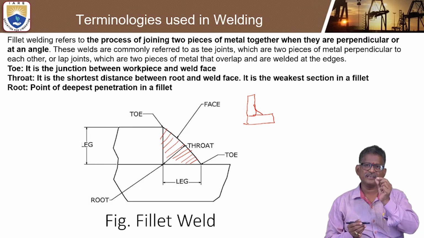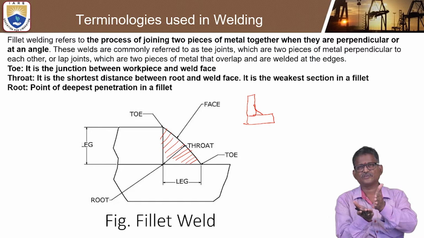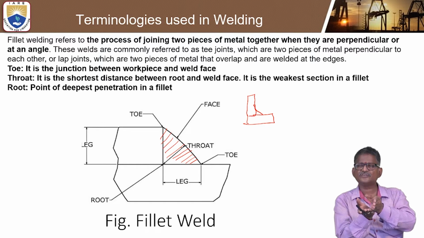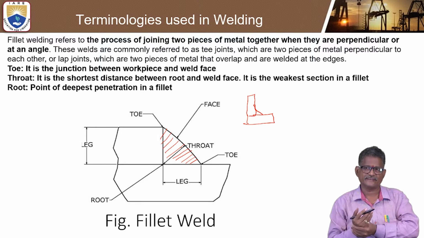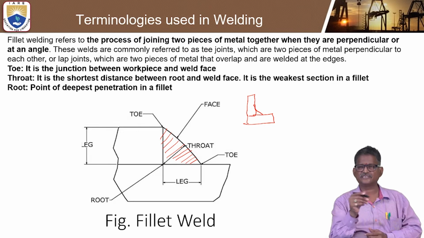So fillet means the process of joining two pieces, one piece kept exactly horizontal, the other vertical, both joined together by putting a fillet. Okay, so obviously this fillet angle is 45 degrees to each base.